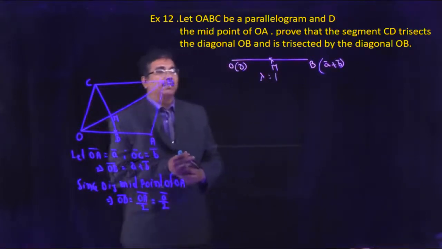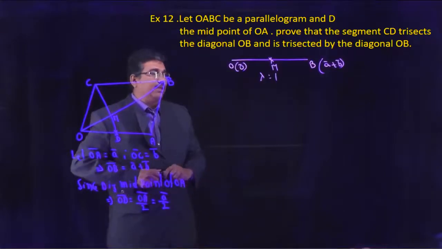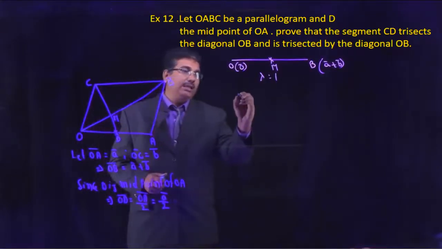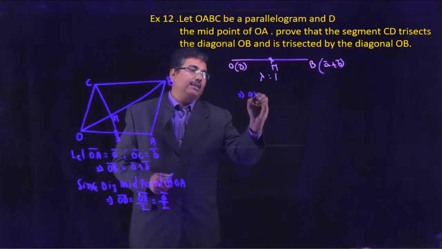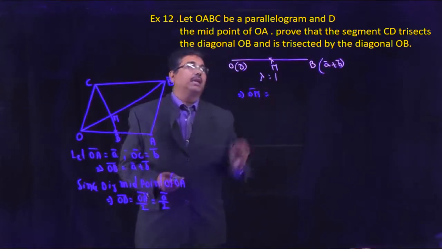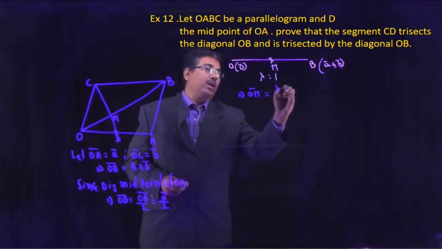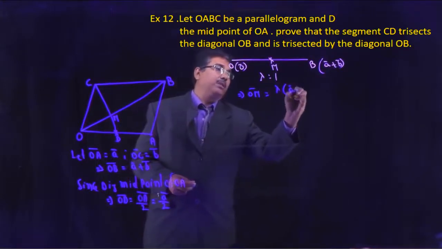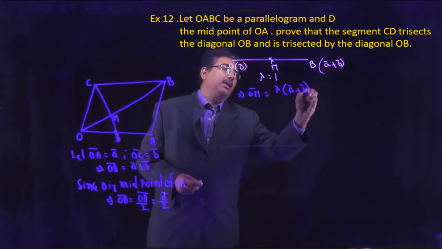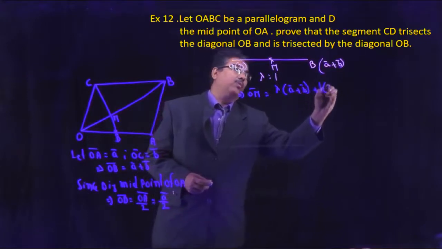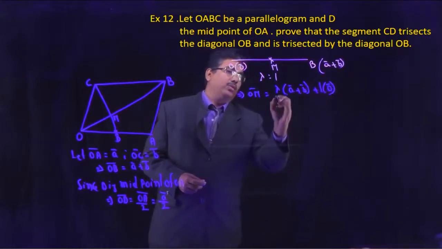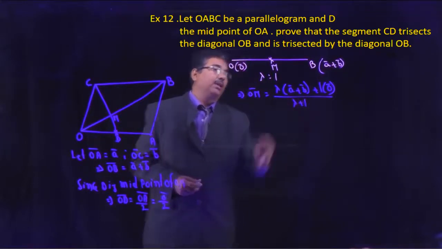That implies, by using the section formula, OM bar is equal to lambda times OB bar plus 1 into O bar, divided by lambda plus 1, right?